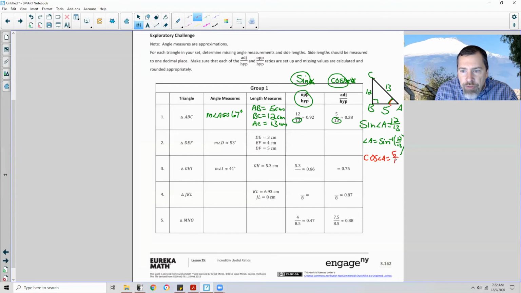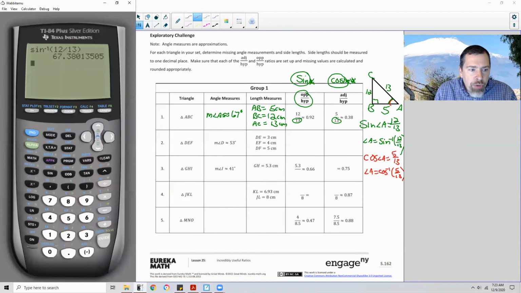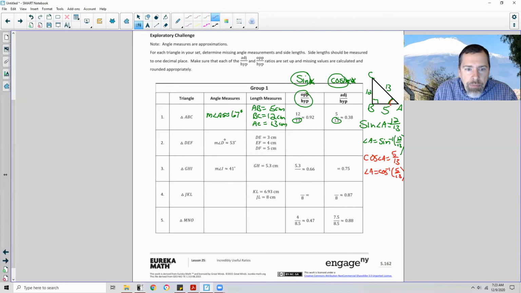Move cosine over the same way we did, and we get angle A equals the cosine inverse of 5/13. So if I go to my calculator and I do second cosine of 5 divided by 13, can anyone guess what the answer is going to be? It's the same angle, so it should be the same measure, and it is. Okay, so that's how we're going to do those.